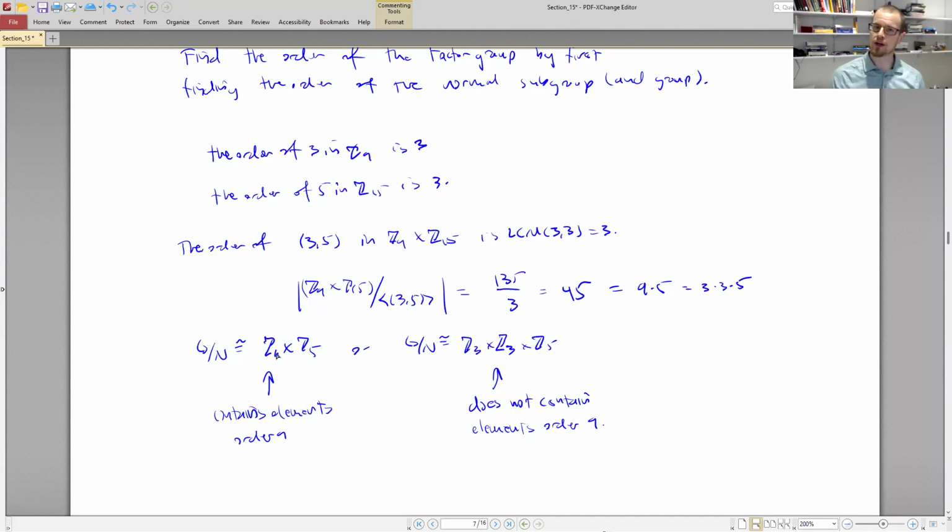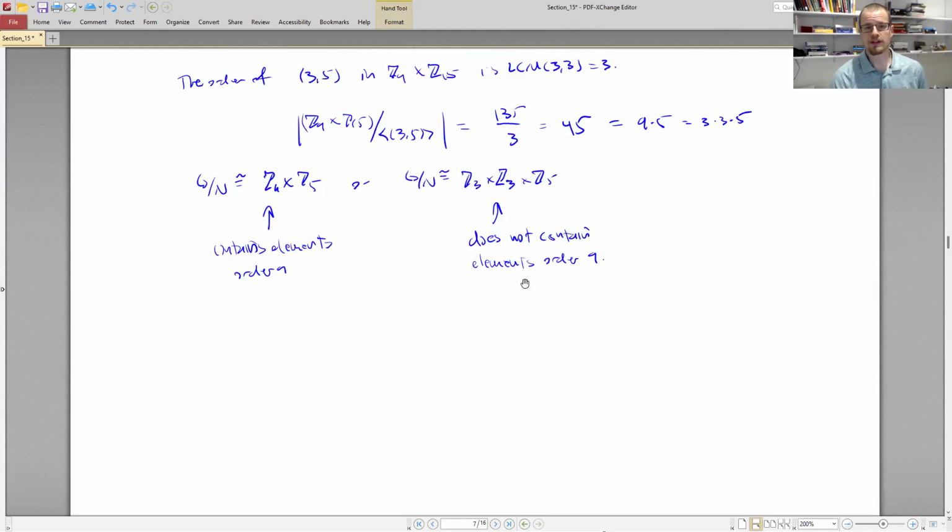So there might be a better way to go about it, but I am quite confident that we can consider the element (1, 0) plus the normal subgroup generated by (3, 5). That's how we express elements in the quotient group, element plus the normal subgroup. So this is our coset.